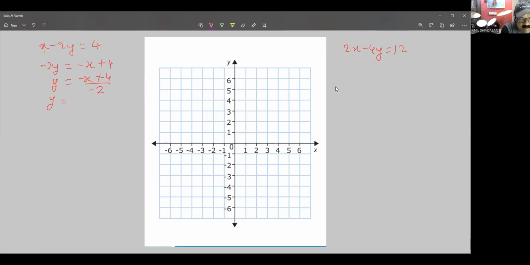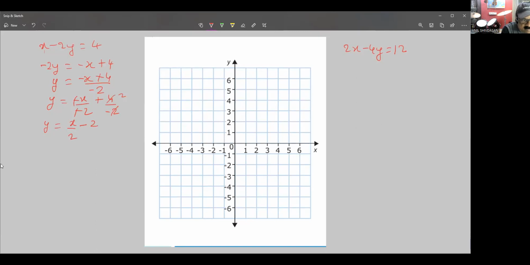So y equal to minus x upon minus 2 plus 4 upon minus 2. So y equal to x upon 2, the minus signs cancel, and 4 upon minus 2 gives minus 2. This is your equation for y.